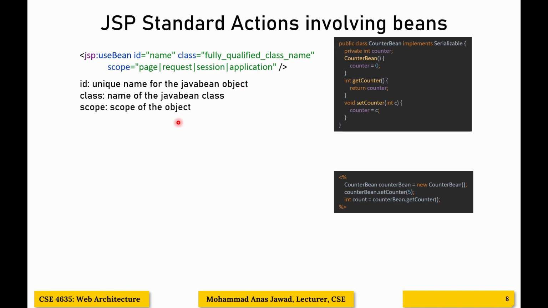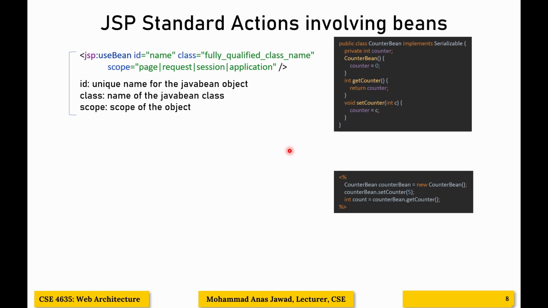Okay. Now comes the use of getter and setter methods. Obviously, we are trying to avoid writing scriptlets, and so we need some kind of action tag to replace calling those getter and setter methods as well.